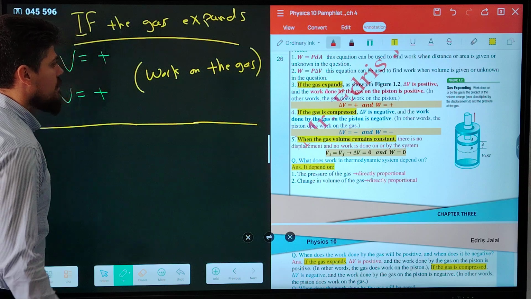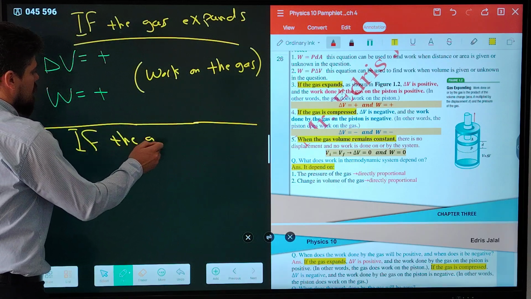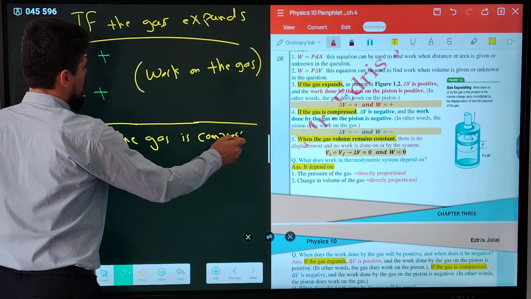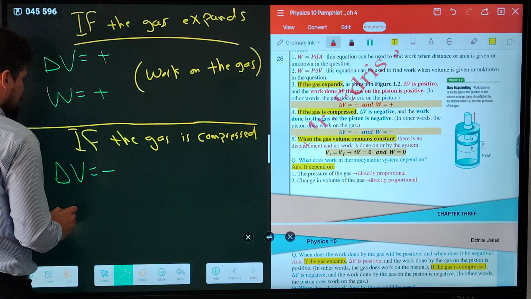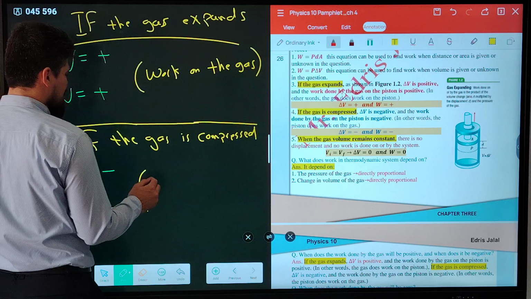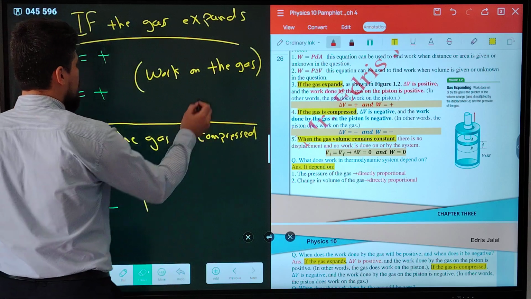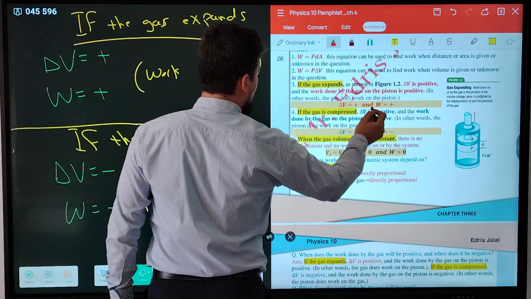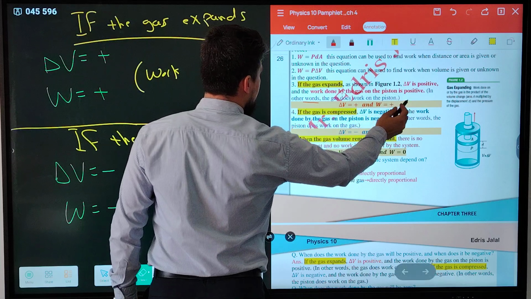The second one: if the gas is compressed, delta V is going to be negative, and work done is going to be negative, and the work is by the gas. Here the gas does work on the piston.